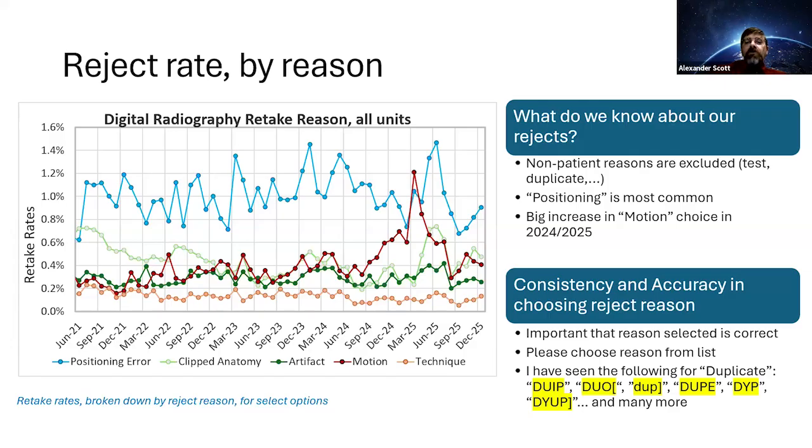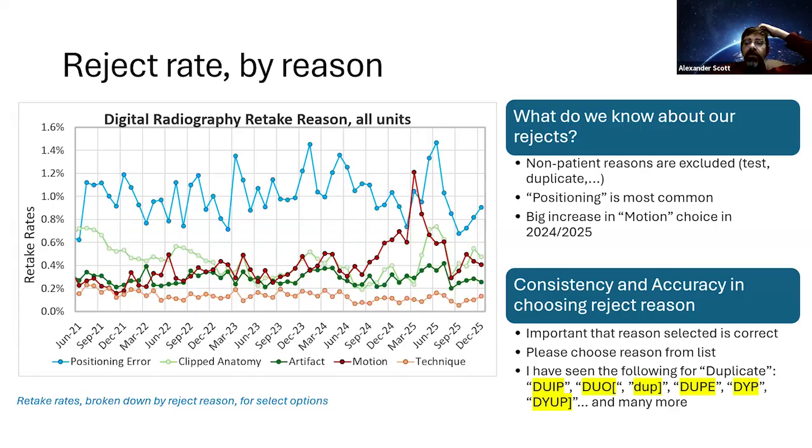I'm not sure why patients would suddenly get more jumpy for a month or two. But that's something that we have the ability to work with any technologist who's only reporting motion. Maybe there's something they can do that would help the patient stay still so that their reject rates will look more like their cohorts.